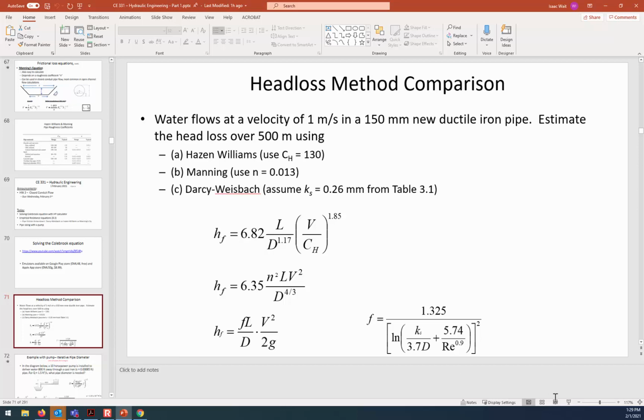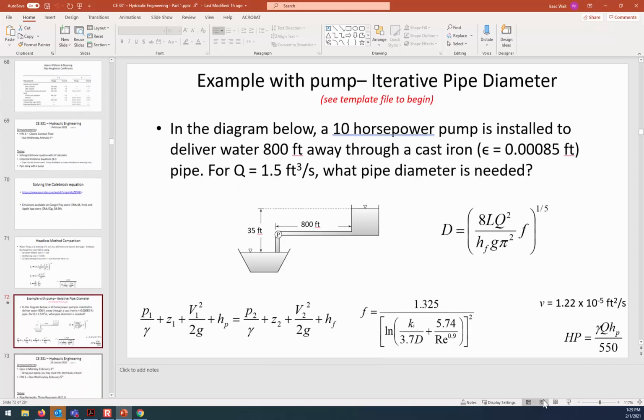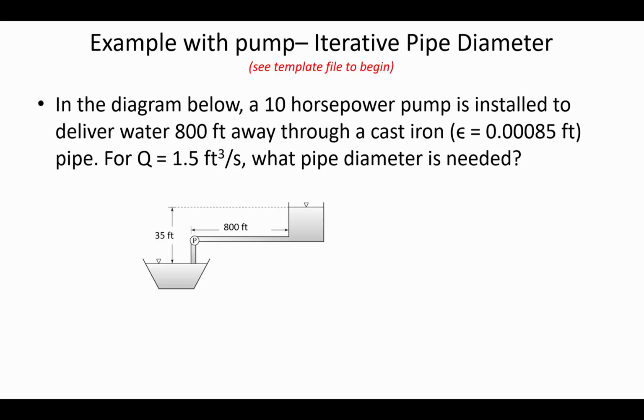All right, next we're going to use that template file that I emailed to you, the spreadsheet from earlier today, and we're going to use it to address this example. We have a pump that is lifting water, and it's also providing enough energy to overcome pipe friction.